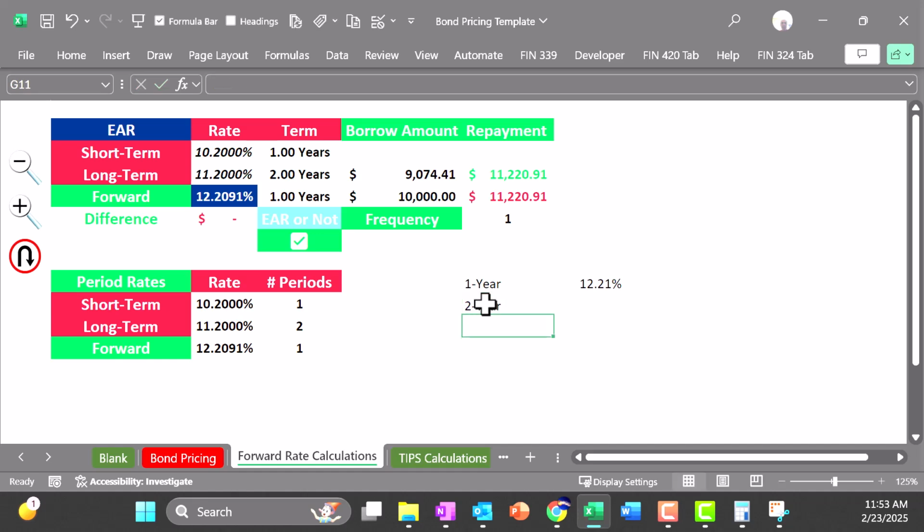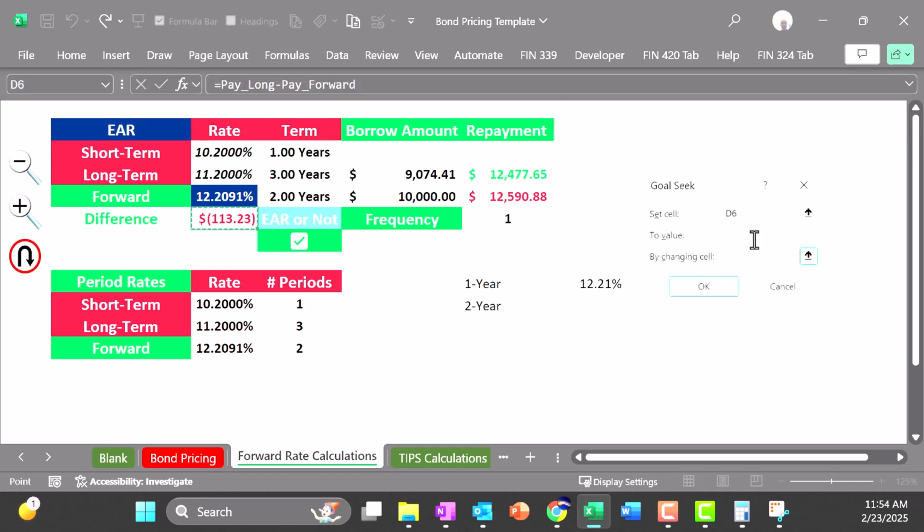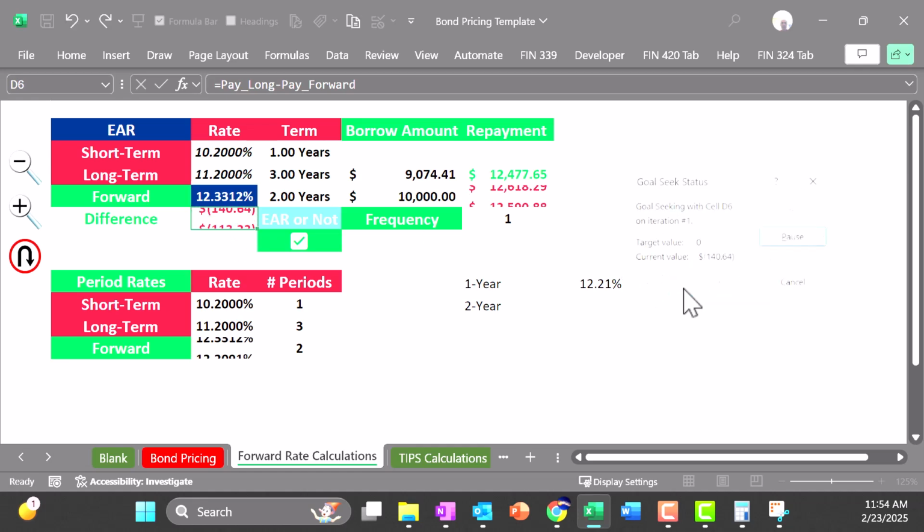And the 2 year rate, now short term is still 1, but long term is 2, 3. So the forward rate is 2 for 2 years. Data, what if analysis, goal seek to 0 by changing the forward rate.